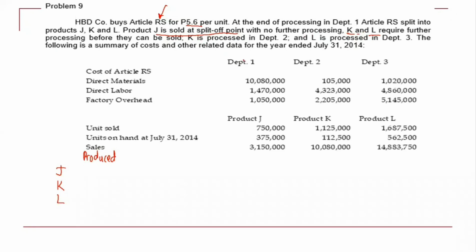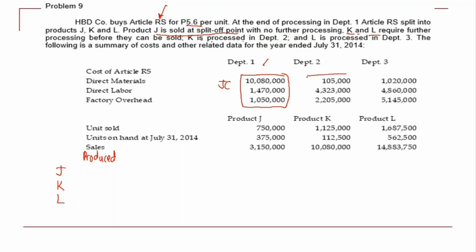So, the Department 1 daw po, dito pinaprocess yung article RS para mag-split into JKL. Ibig sabihin, itong part na to, ito pala yung joint cost natin. Tapos sabi po dito, K is processed in Department 2. So para mabenta siya.